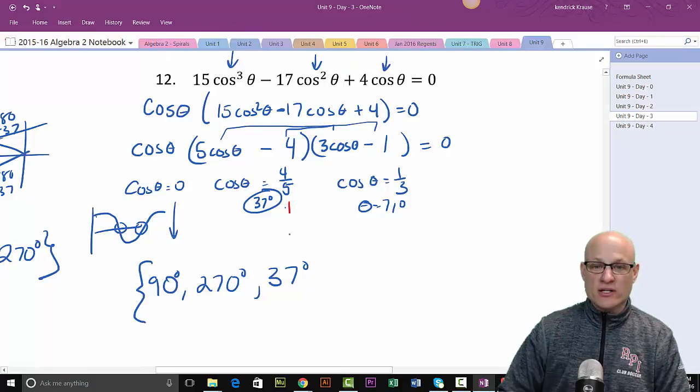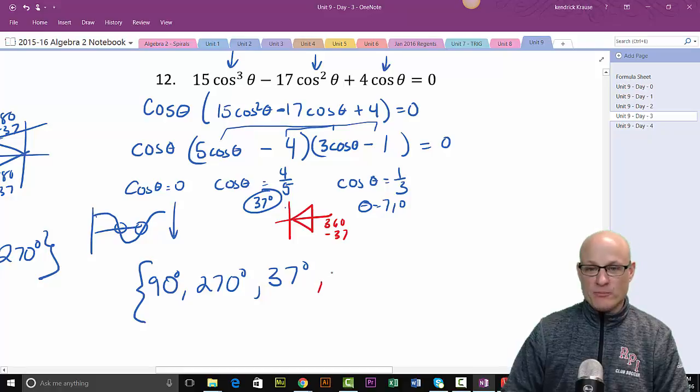So we need to get into the fourth quadrant by doing 360 minus 37. And that would be 323 degrees. We're going to keep the 71. And then we need to go 360 minus 71. And again, that's 289 degrees. There they are, kids.